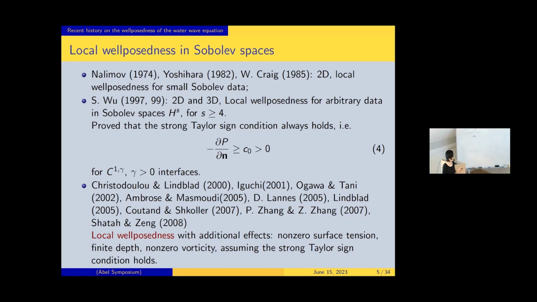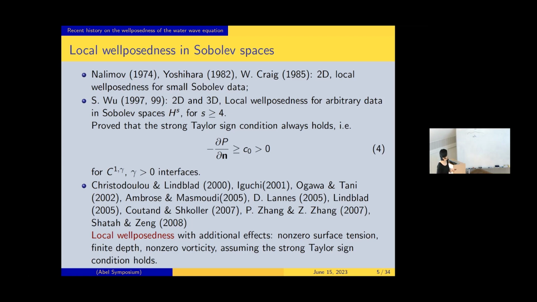As a consequence, we can show that for arbitrary data in Sobolev spaces, you can solve this equation for a short period of time. The data can also overturn, as long as it doesn't self-intersect, because if it self-intersects, then the nature of the problem will change.